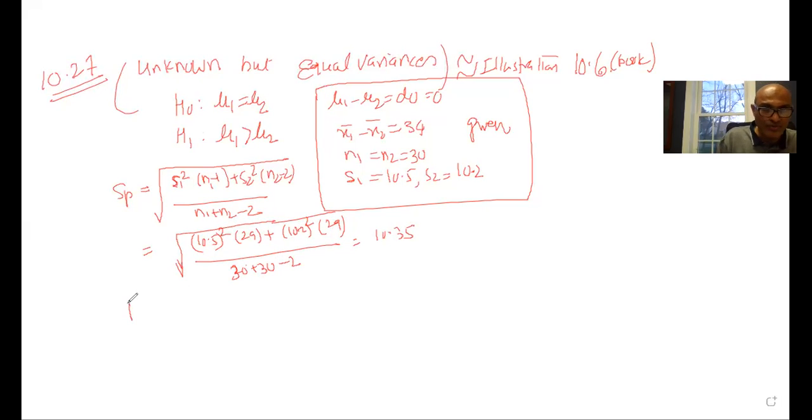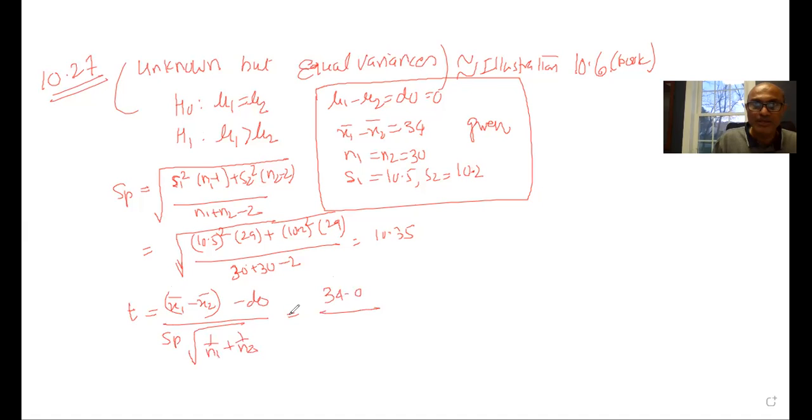Okay, now I would like to go for my T distribution. So T is nothing but X1 bar minus X2 bar minus D0 divided by SP times the square root of 1 over N1 plus 1 over N2. X1 bar minus X2 bar is nothing but 34.0, or 34 minus 0, because nu1 and nu2 are same.